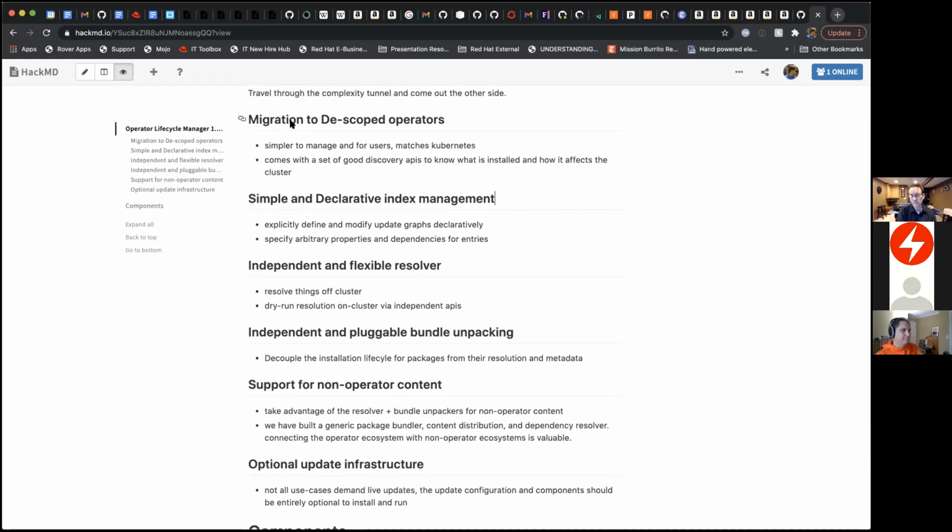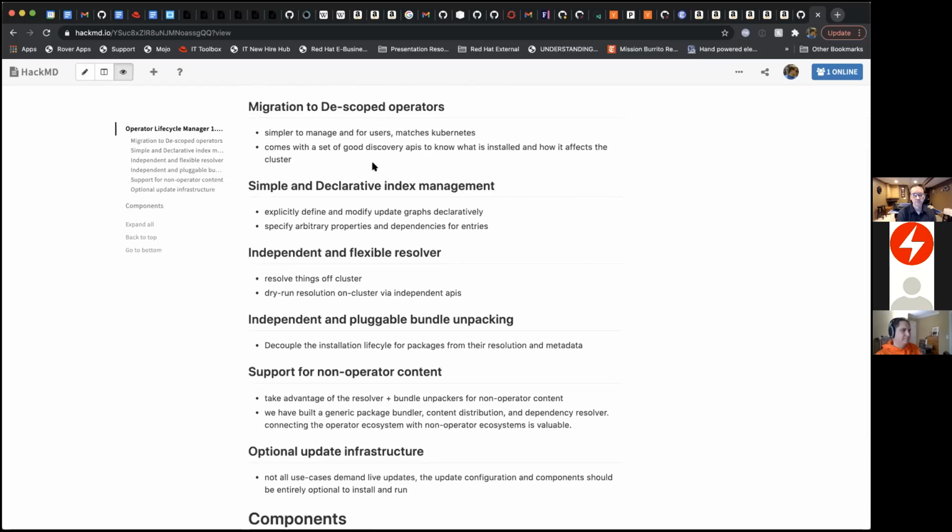One is this migration to descoped operators that we've talked about briefly before. What that looks like for OLM is that OLM gets out of the way for the most part. And when a user sees an API in the cluster, it behaves the way Kubernetes APIs behave.